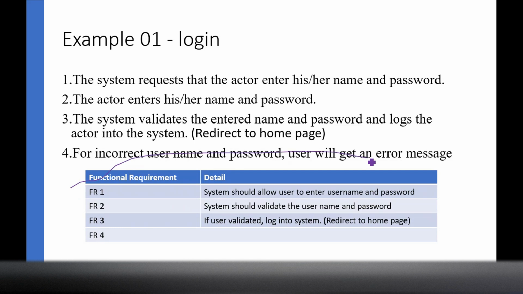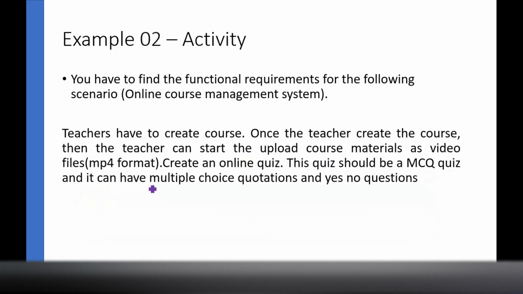This is the functional requirement table, right? You can use Excel, or paper and pen, or any other convenient way. Write the functional requirement chart or table, and let me know what functional requirements you have understood, and how you are going to write them.